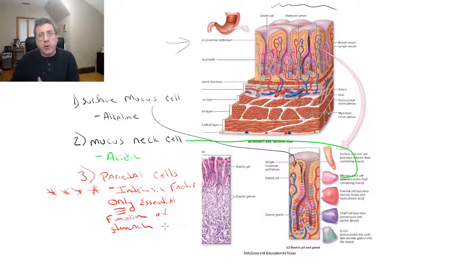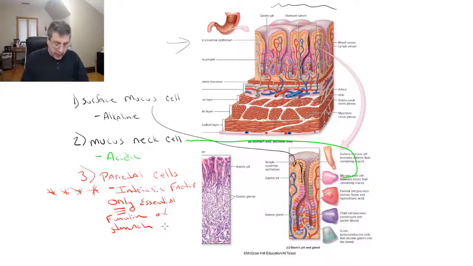Vitamin B12 is absorbed in the ileum, I-L-E-U-M, which is the distal end of the small intestine. So duodenum, jejunum, ileum, then we get into the cecum of the large intestine. Vitamin B12 is essential for red blood cell production, or erythrocyte production. So if you do not have intrinsic factor, if you have gastric issues or whatever the condition is, and you're not producing intrinsic factor, you could wind up having a condition called pernicious anemia.